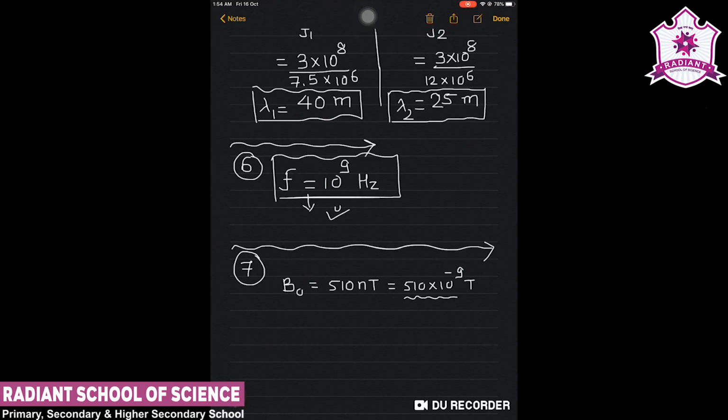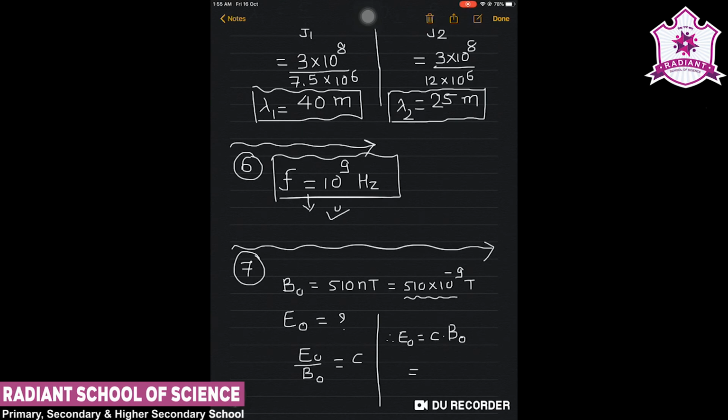Now what is next? What is the amplitude of the electric field part of the wave? So we have to just find the electric field in the given case. This is again a simple question. E0 over B0 can be written as the speed of light. Therefore we can say that E0 is equal to C into B0.